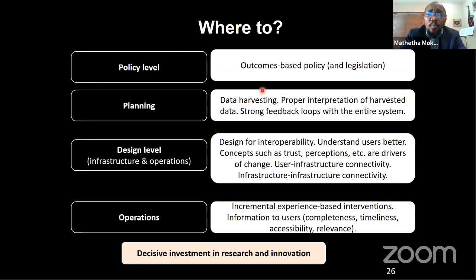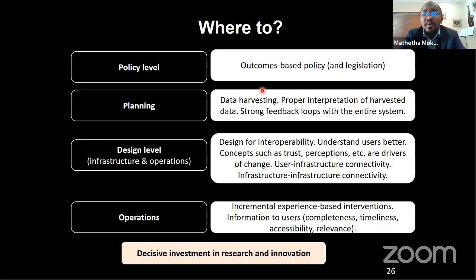At an operations level, incremental experience: we've seen experience-based interventions do definitely help information to users. And of course, as I mentioned earlier, training, reskilling and upskilling at the operations level to improve quality of services definitely does influence the shape of the changes in demand.